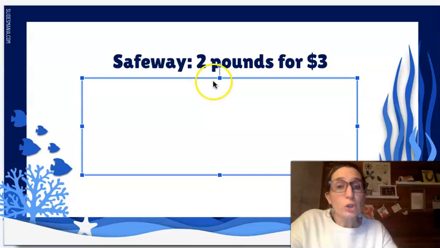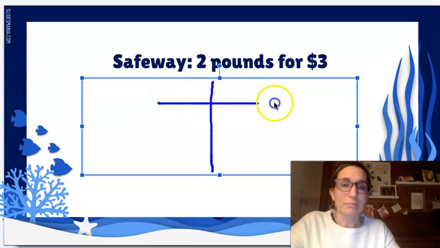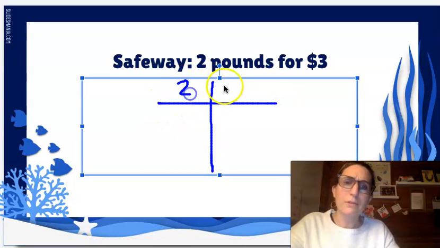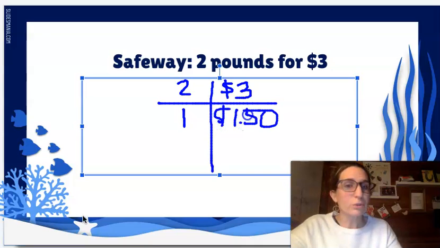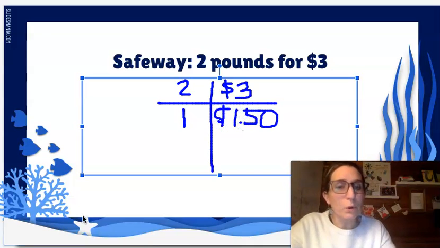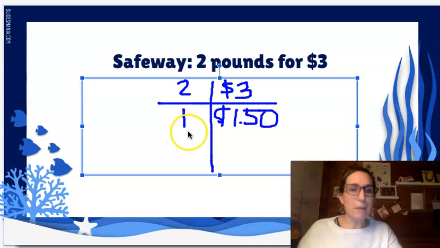So Safeway is 2 pounds for $3. So if it's 2 pounds for $3, I could find the unit fraction right away. I could find out that 1 pound is $1.50. So right away I can say Safeway costs more, but let's look at that $1.50 compared to Fred Meyer's $1.20 a pound. So let's go up to the 11 pounds just to make sure.